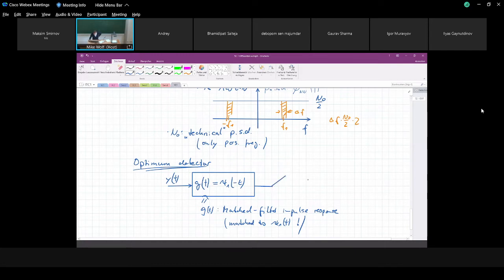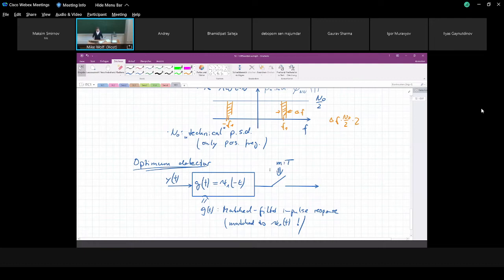Now I sample the output, and the sampling interval here is m times capital T. So we encode our information on these pulses with the modulation interval capital T, and then we observe the output of this matched filter at the interval capital T, right? The same interval.